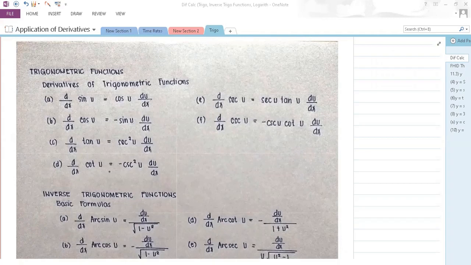We also have the cotangent: the derivative of cotangent of u is equal to negative cosecant squared of u multiplied by the derivative of u with respect to x.